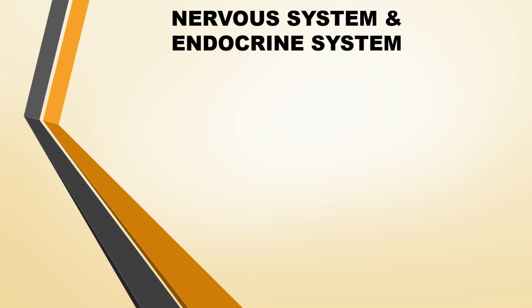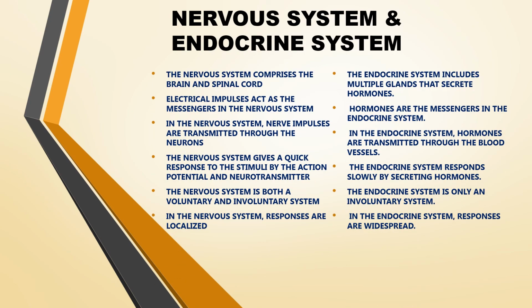So these two systems, the nervous system and the endocrine system, both interact with each other. The nervous system comprises the brain and spinal cord, and the endocrine system includes multiple glands, and it secretes hormones. Electrical impulses act as the messenger in the nervous system. Here, the hormones are the messengers.